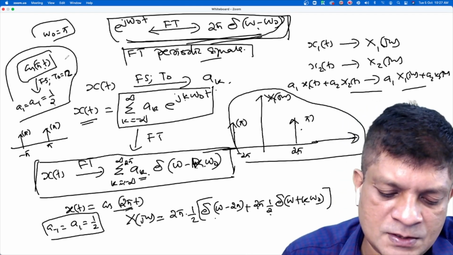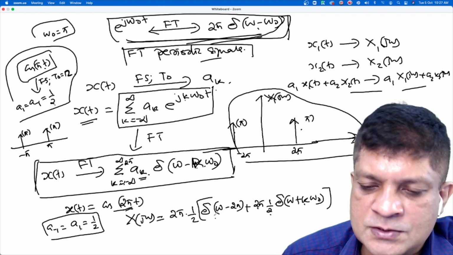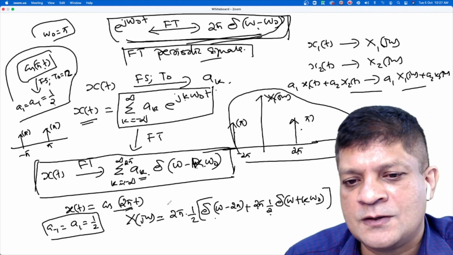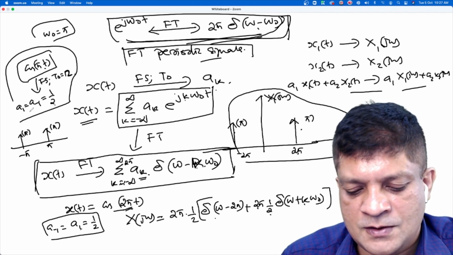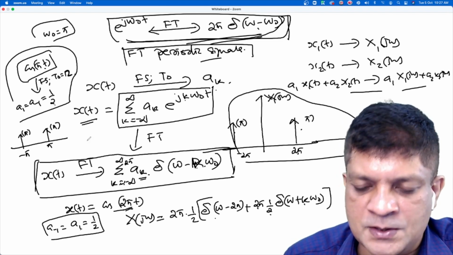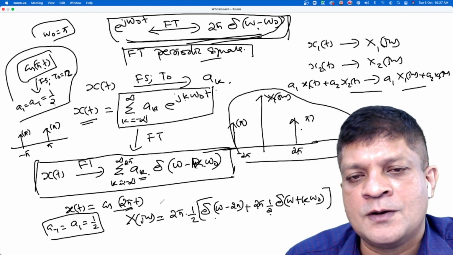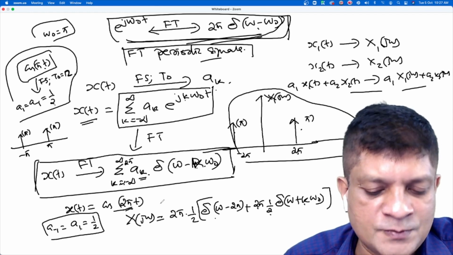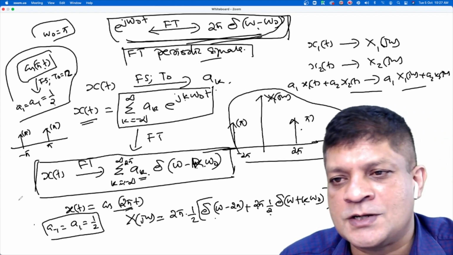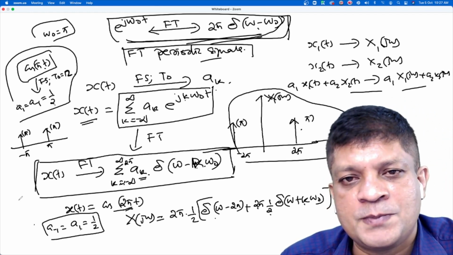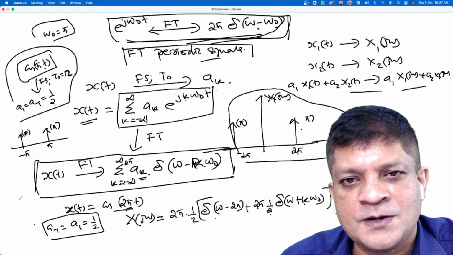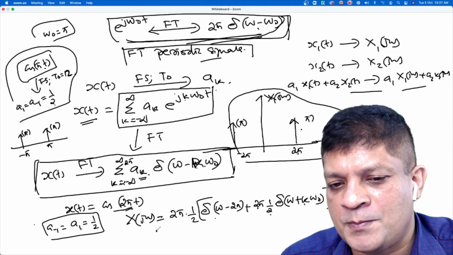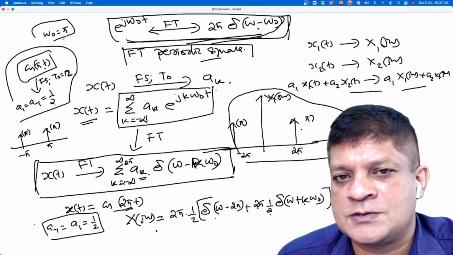And here you can see that A1 and A minus 1 are 1 by 2 in both the cases, right? But we cannot say that the Fourier series coefficients are the same, because we are considering the Fourier series with respect to different periods. In one case we are considering period 1, and here period 2.